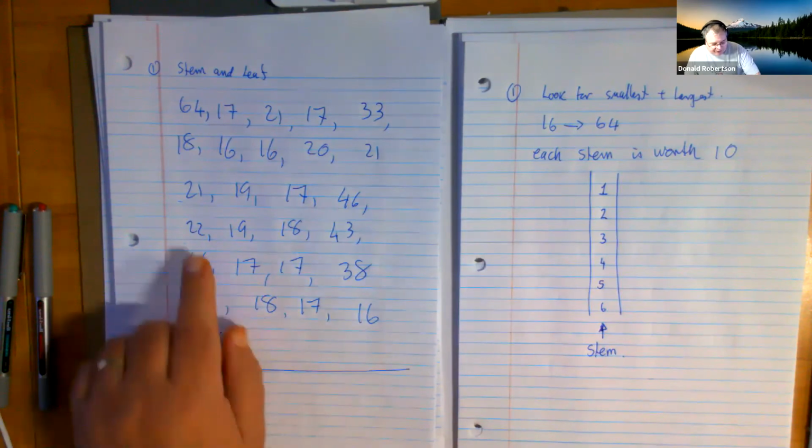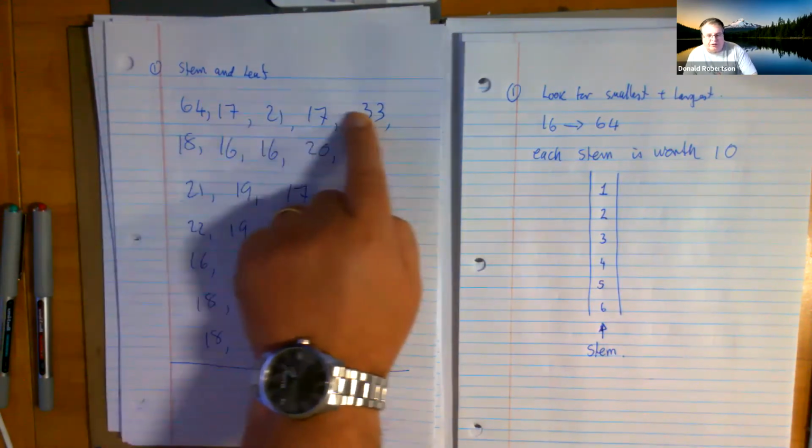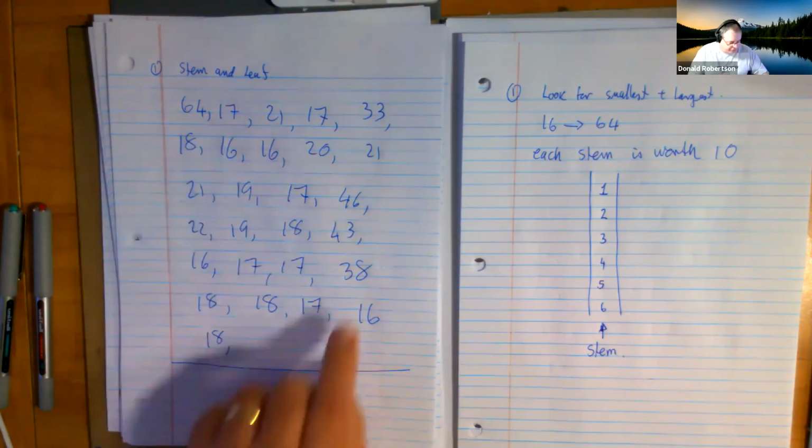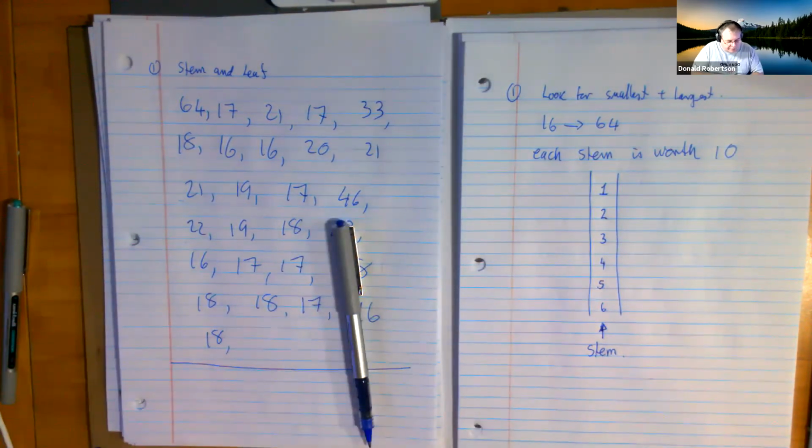And then you look at the data and you just scan through the data. And as you scan through the data, you use just the next digit. So I'm going to use red just because I want it to be emphasized.